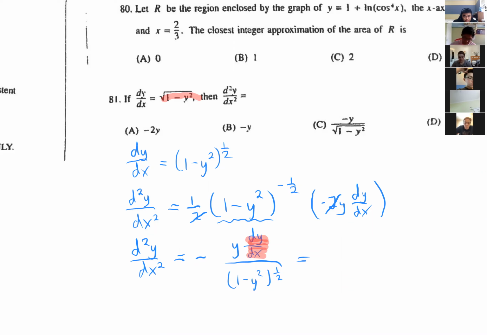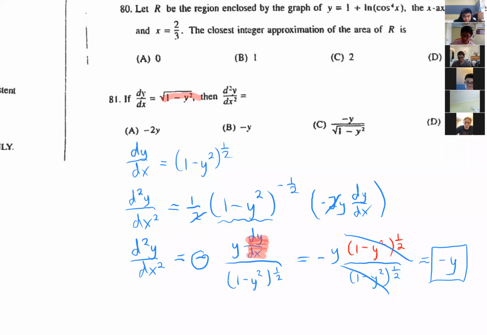I'll write that again as (1 minus y squared) to the 1/2 over (1 minus y squared) to the 1/2, times y, and then all of this cancels out. Oh, I need my negative. You're just left with negative y. So letter B.